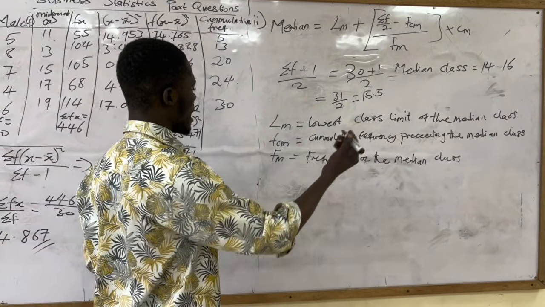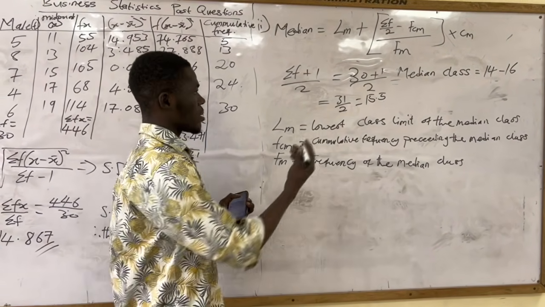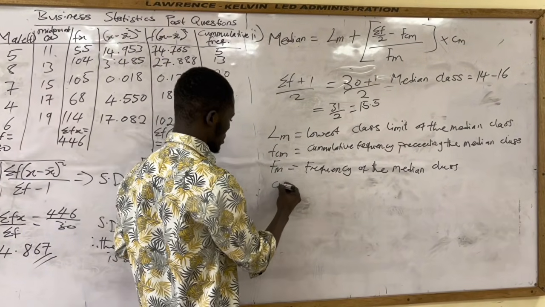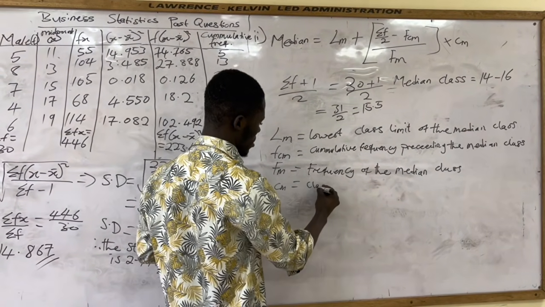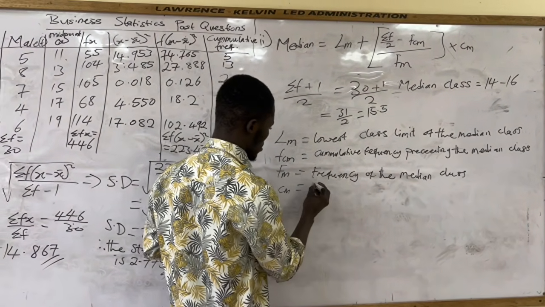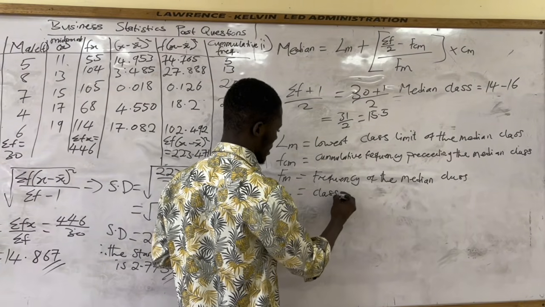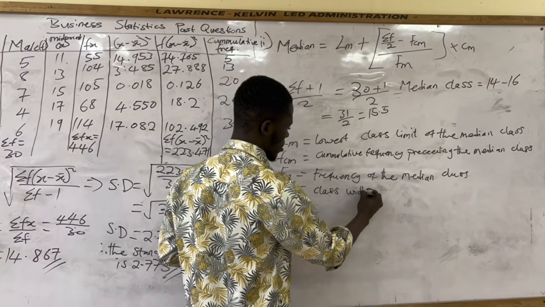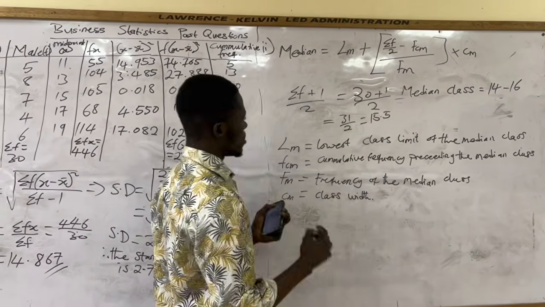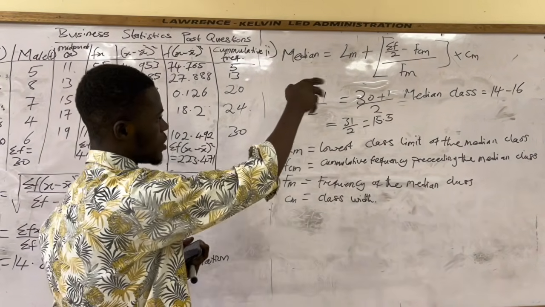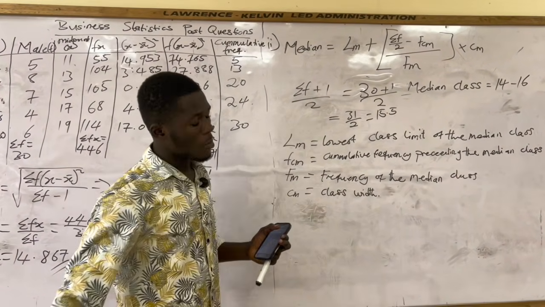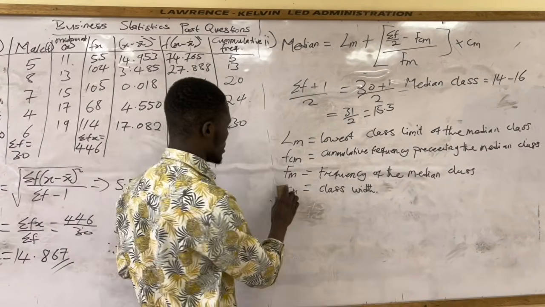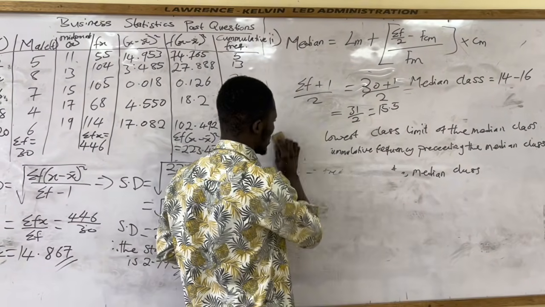Now our CM is the class width. So CM, class width. So now I just wanted to explain. That's why I've written it in this form. I'll just explain it so that we state the figures and calculate it.